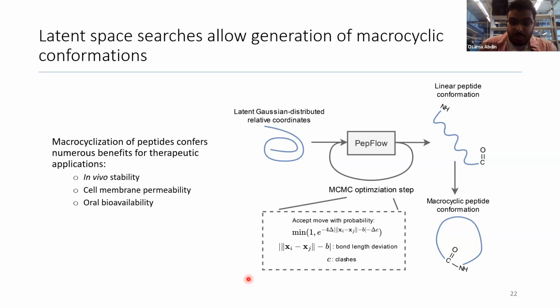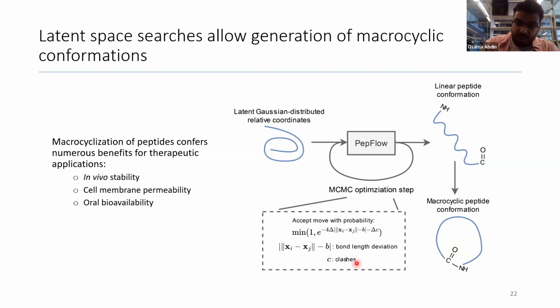So based on this, we implemented an MCMC approach in latent space to try and identify conformations that satisfy certain bond length deviations. We'd start with a random sample in latent space, assess the distance between the atoms that we want to be bonded, and make moves based on the Metropolis criterion, defined based on the deviation between that distance and the desired bond length.